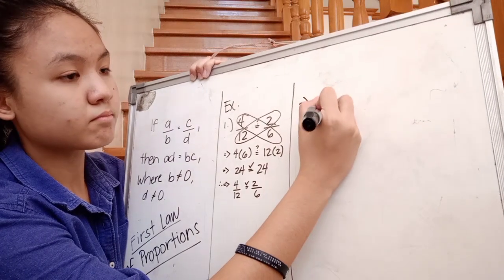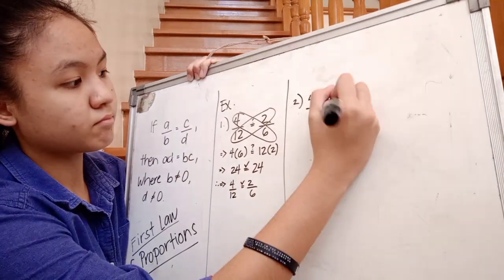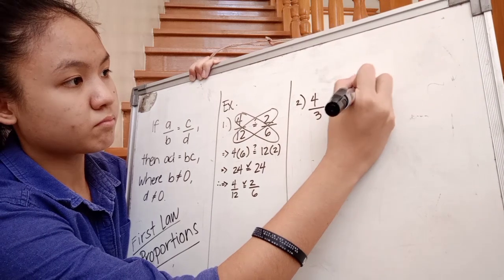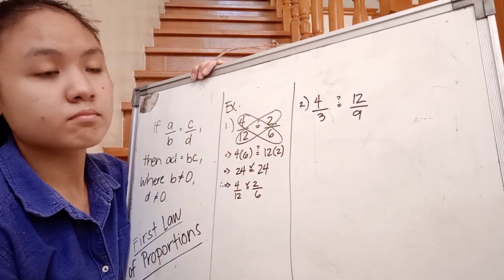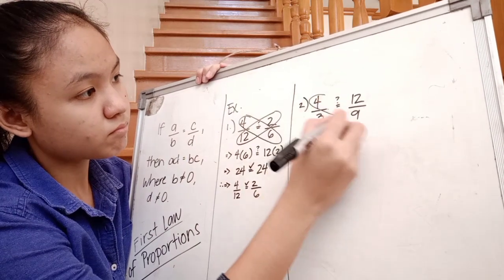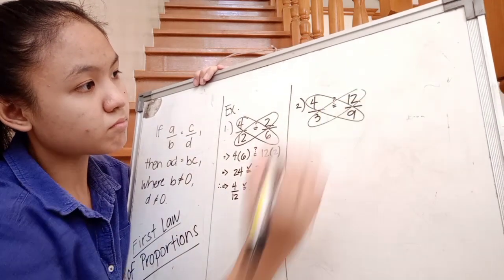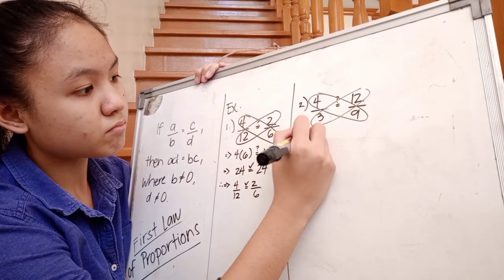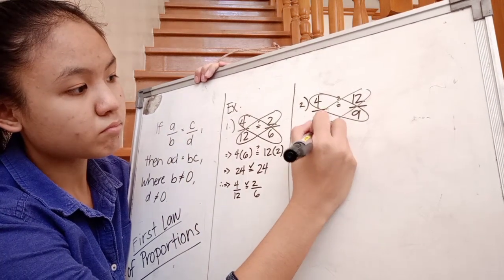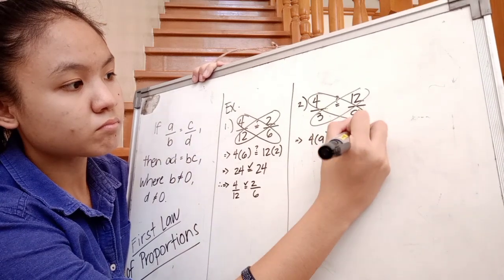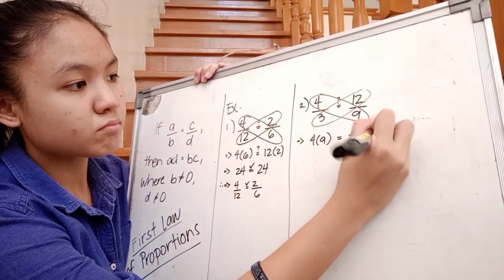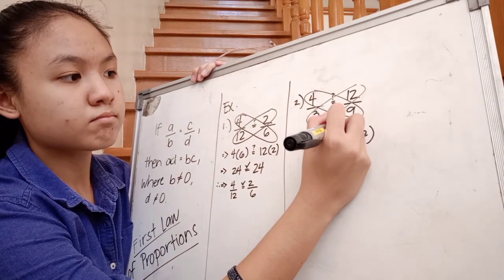Our second example, 4/3 is equal to 12/9. Again, using cross multiplication to find out if two fractions are proportional to each other. So 4 multiplied by 9 is equal to 3 multiplied by 12.